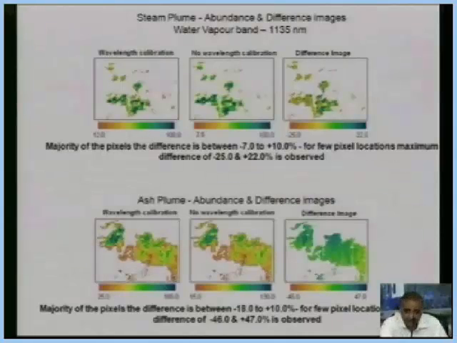The abundances also can vary significantly depending upon the type of parameters that are chosen for carrying out the pre-processing of the data.